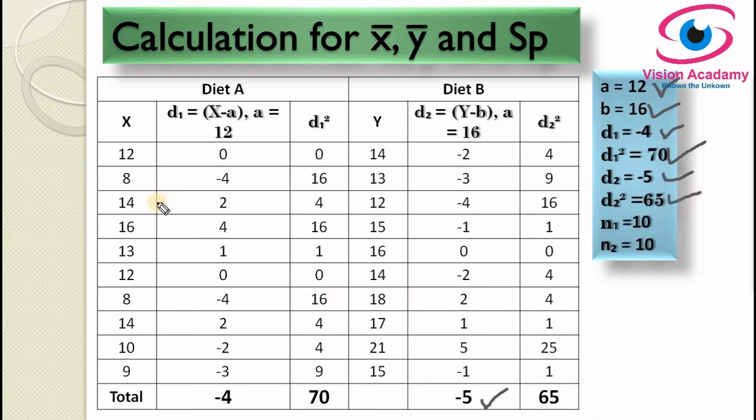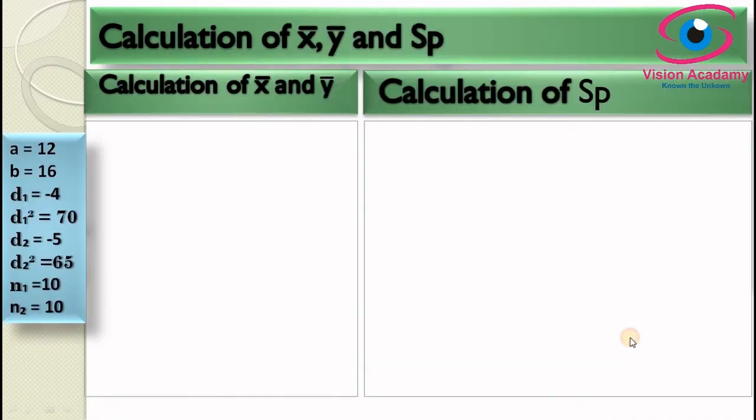N1 is the sample size of population 1. We have 10 samples, so N1 is 10 and N2 is also 10. Now, after obtaining all these values, we can move on to calculate x bar, y bar and Sp.